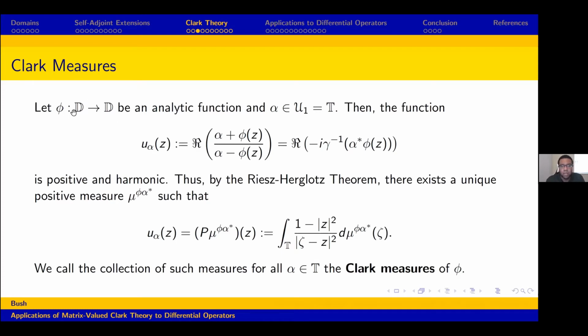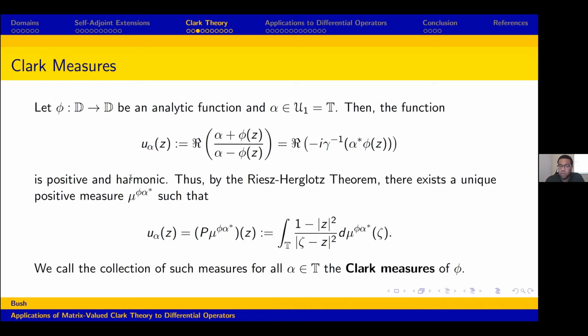So we're going to take an analytic self-map of the disk, phi, and a 1-by-1 unitary alpha, which is just a complex number on the unit circle. Then the function u_alpha, defined as the real part of (alpha plus phi) divided by (alpha minus phi), is positive and harmonic.